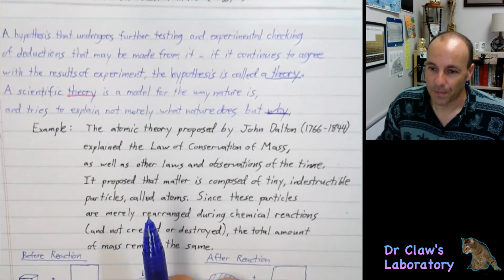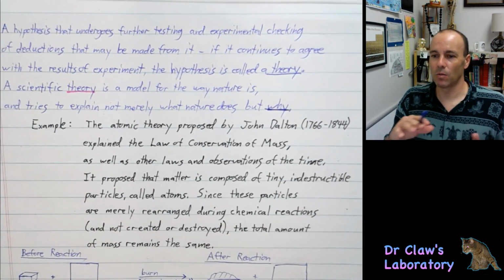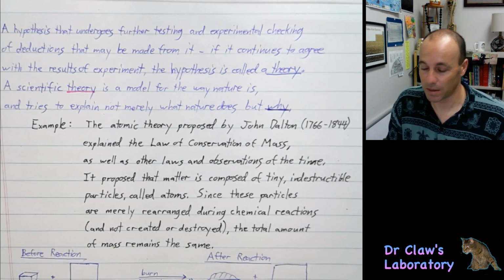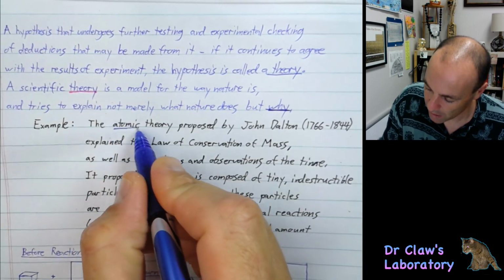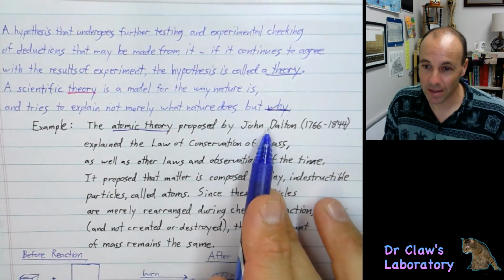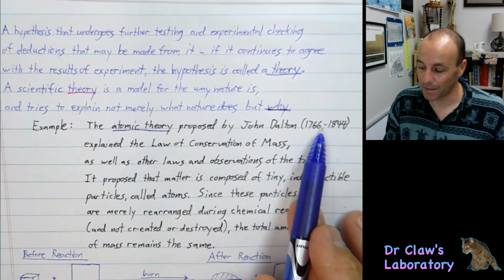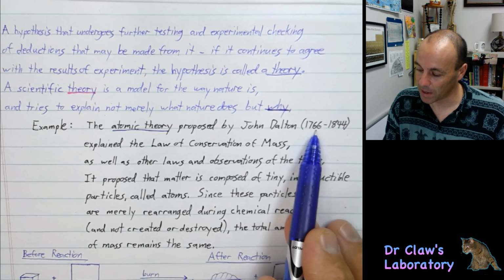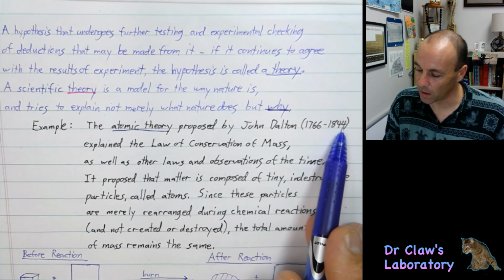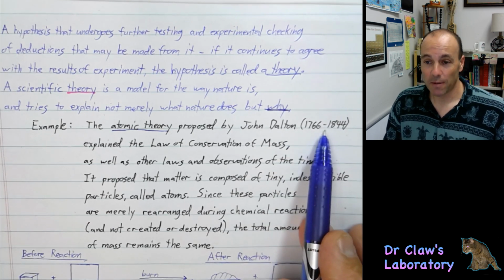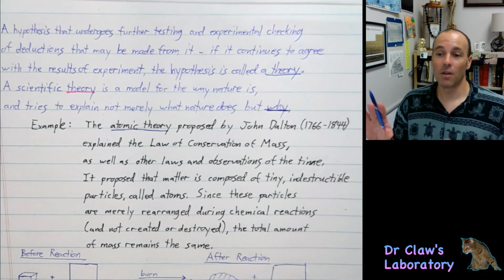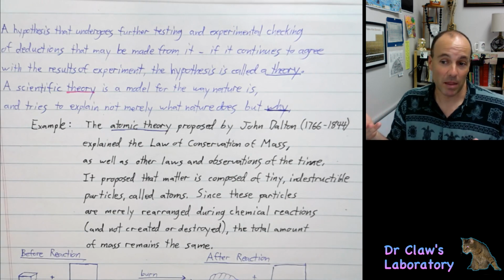For an example, closely related to what we were just talking about with burning stuff: the atomic theory proposed by John Dalton, this is about 100 years later, who lived from 1766 to 1844. He came up with the first atomic theory. He said, okay, I know what atoms are, and I'll tell you about them.